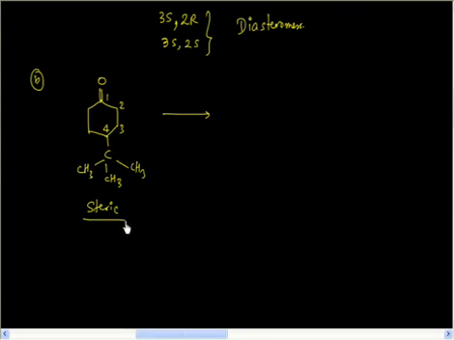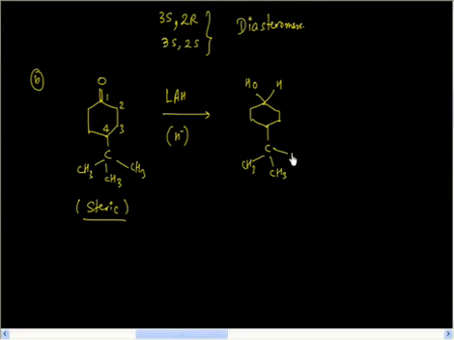Now this is treated with lithium aluminum hydride, an H minus donor. H minus will attack here. Now if you see, it will have OH and then hydrogen, and then you have the tert-butyl group. This carbon also contains one hydrogen.